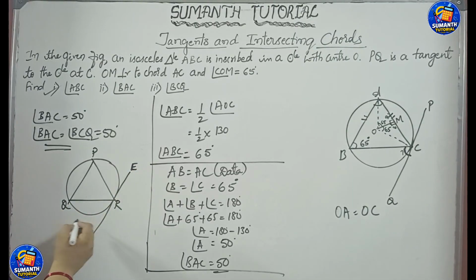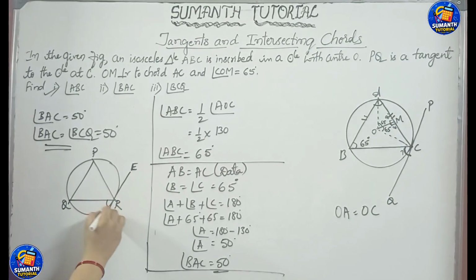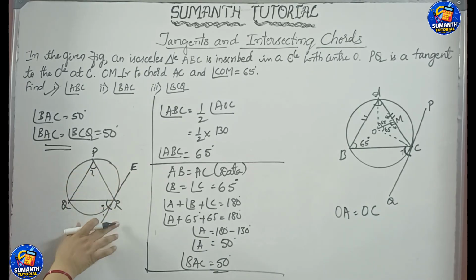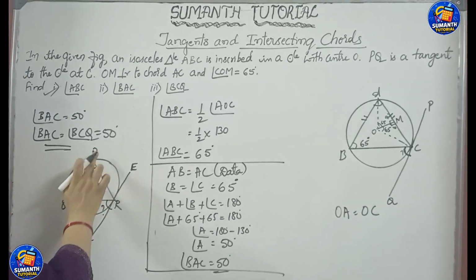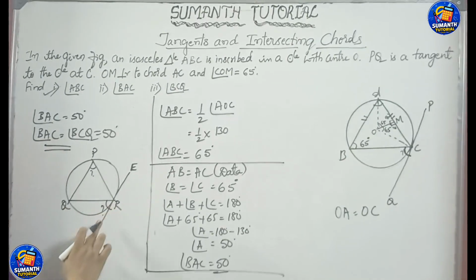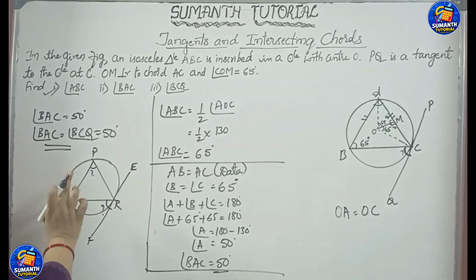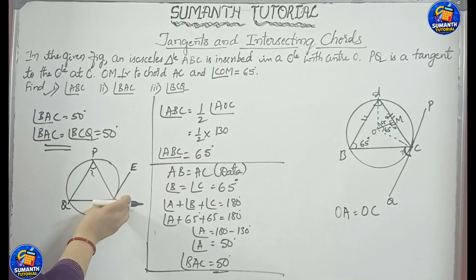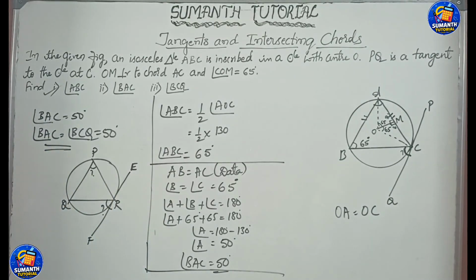So, if it is asked you to find the angle QRF, then if you are knowing this angle, directly you can write as angle QPR is equal to angle QRF, because the angle formed by the chord is equal to the angle formed by the tangent at the given point. Okay, is it clear for you?